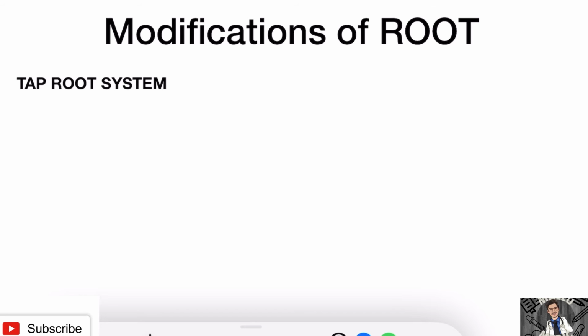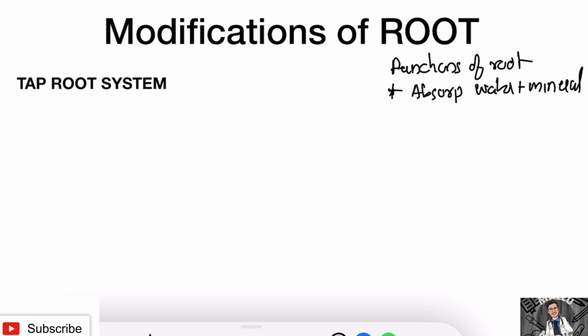Now let us learn about the modification of root. Before that, I would like to ask you, what are the functions of root? Basically the functions of root are to absorb water and minerals from the surrounding soil, and another function is to provide proper anchorage, because it's the roots which fix the plant to the soil.